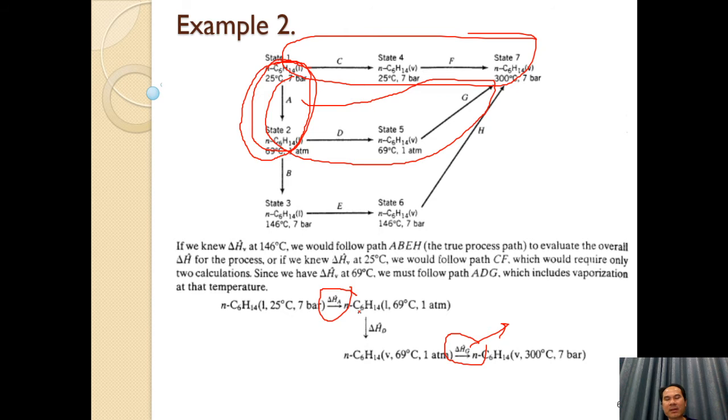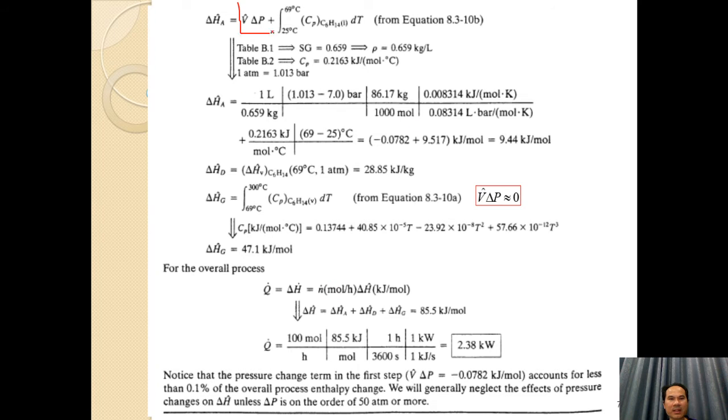Right? For liquid or solid phase, delta U equal to 0, and then delta S equal to V delta P. And then also integrate Cp dT from 25 degrees Celsius to 69 degrees Celsius. Yes, V delta P, and Cp dT from 25 to 69 degrees Celsius.